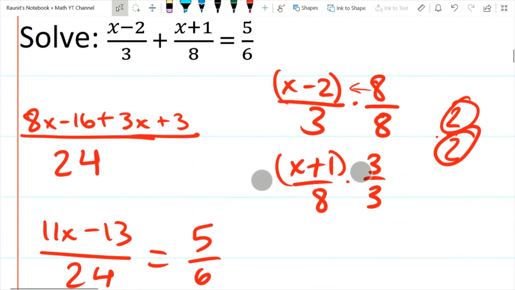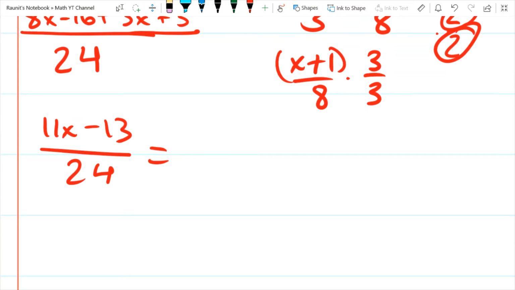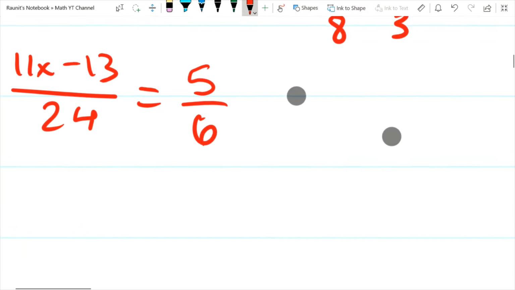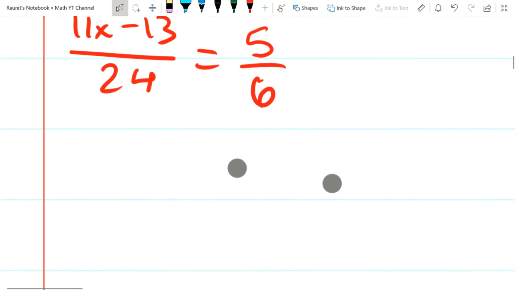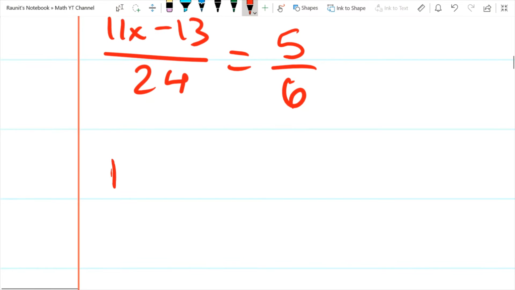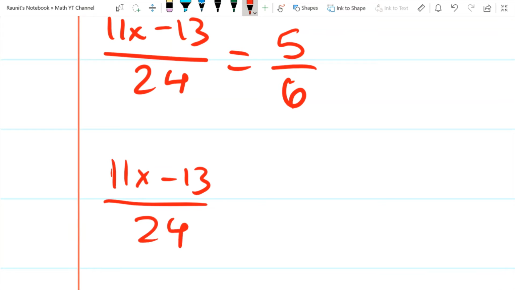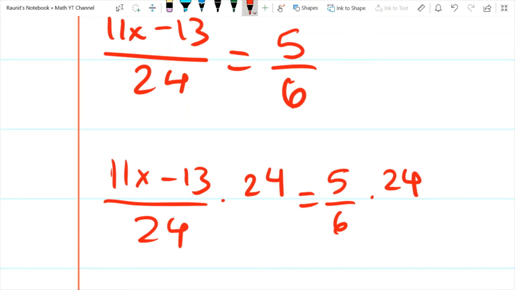So now, instead of doing a reciprocal, we're just going to multiply both sides by 24. So 11x minus 13/24 times 24 is equal to 5/6 times 24.